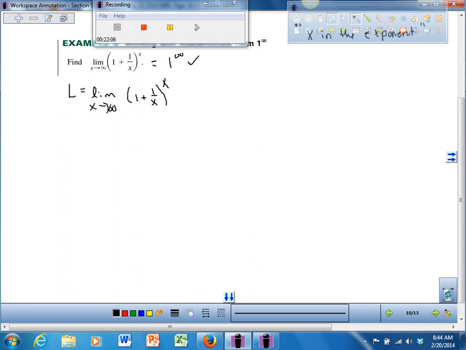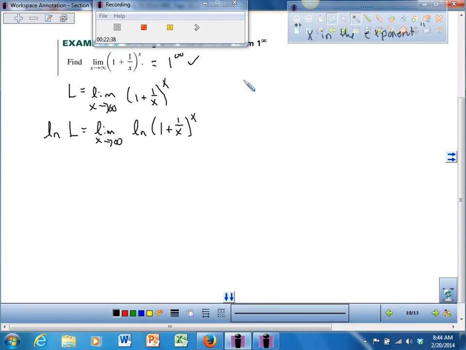So we have an equation that we're working with. And then we want to take the natural log of each side of the equation. Okay? My biggest hint with this type of problem is to not forget the left side of the equation. So we have the natural log of L equals the limit of the natural log of 1 plus 1 over x to the x.